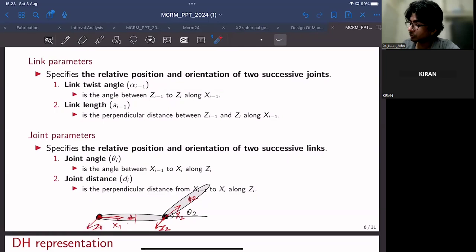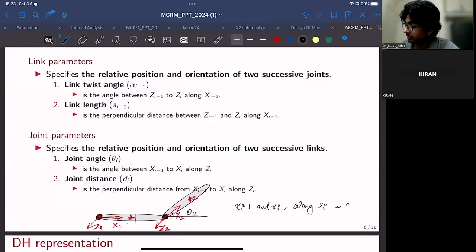But we always associate the joint parameters with respect to the corresponding link as well as the corresponding frame. So the angle between x_{i-1} and x_i along z_i is theta_i. That is what we have as the joint angle.